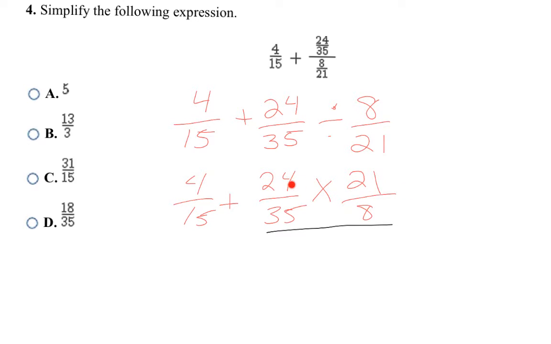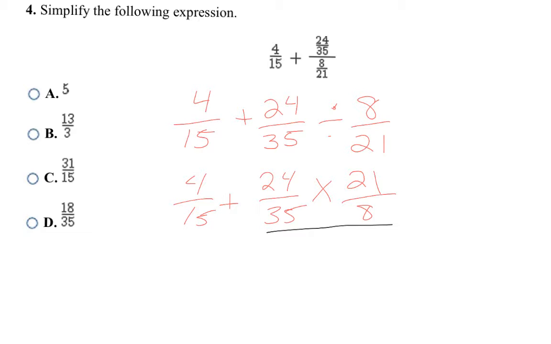Now you can use the calculator or work it out longhand to multiply 24 times 21 and 35 times 8. But then you're going to have to simplify some really big numbers, and that can take some time. So what I like to do beforehand to make my number smaller is to see if I can simplify any numerator number with any denominator number.